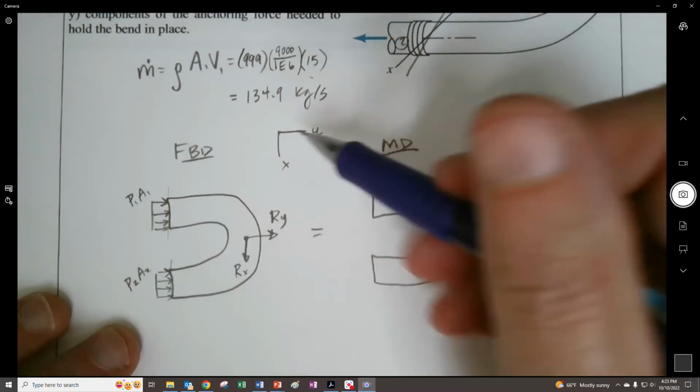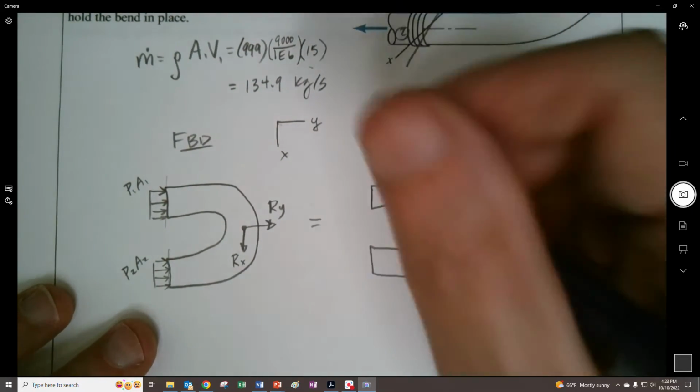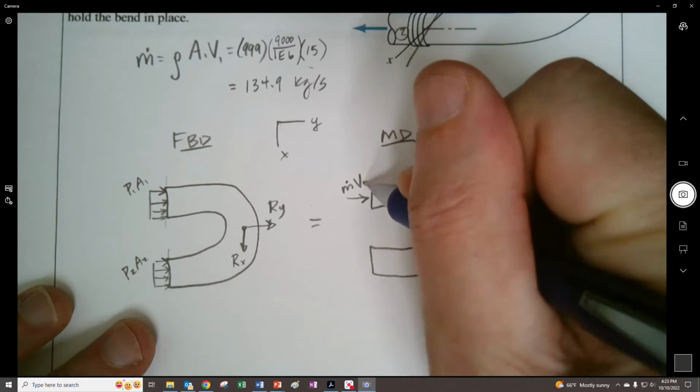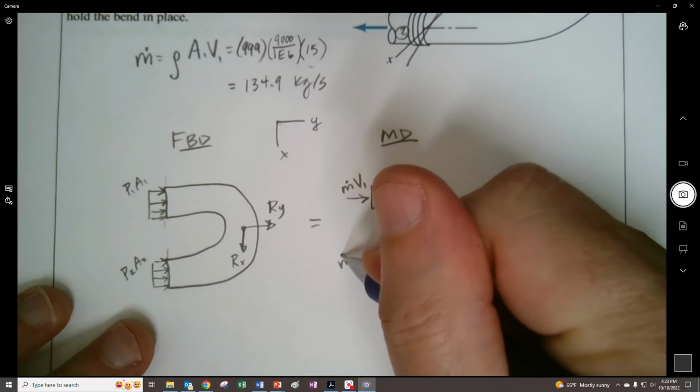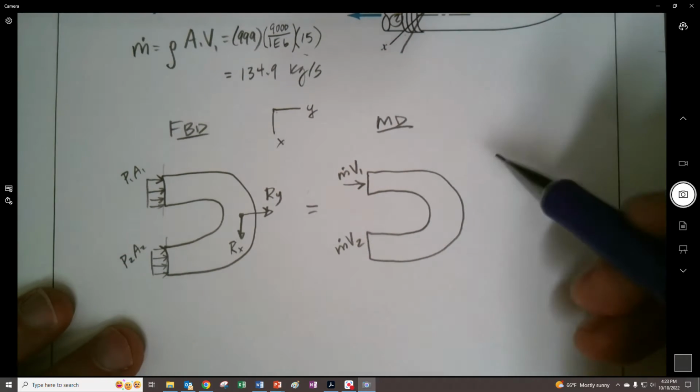Gravity's acting in the Z direction, and that's not in this plane. Over here, we have mass flow times velocity 1, and we also have mass flow times velocity 2 coming in there.